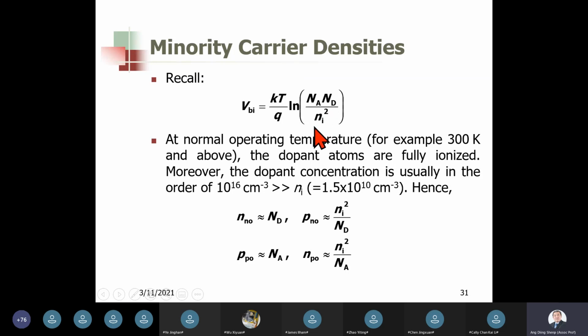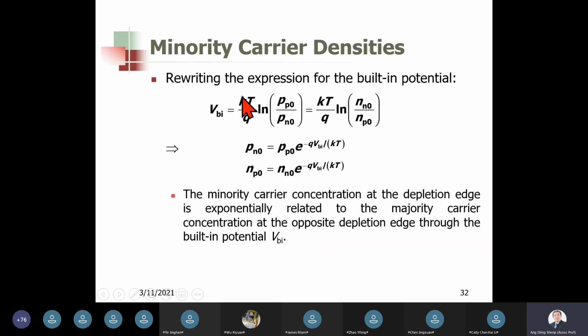So we have ni squared over ND, which can be replaced by Pn0. All right, so I can rewrite VBI in an alternative form like this, and also another alternative form like this.